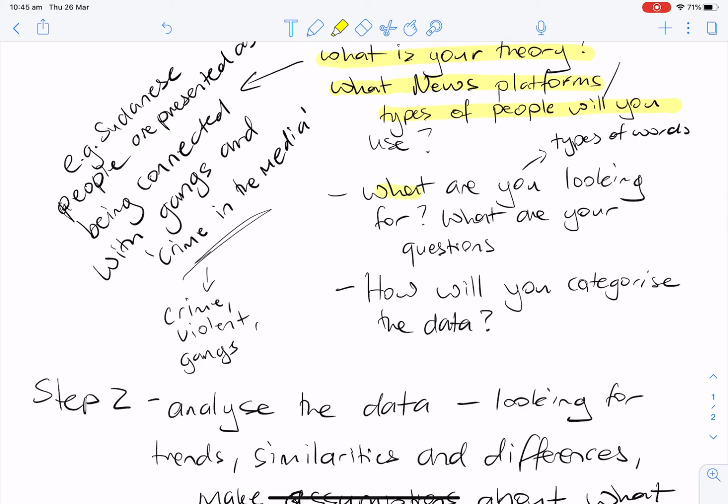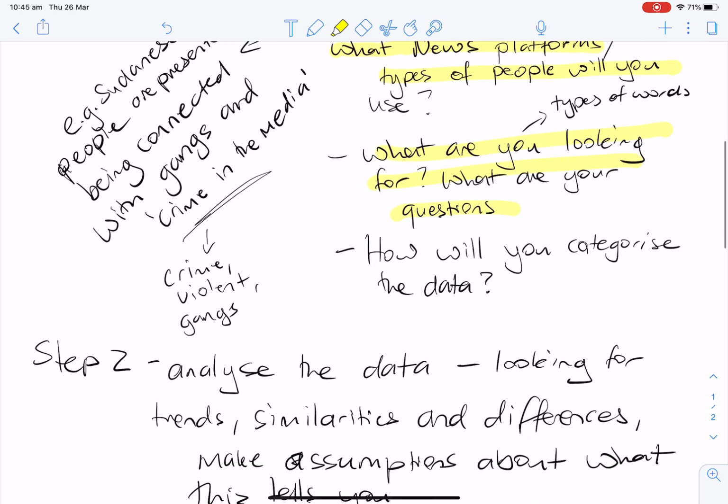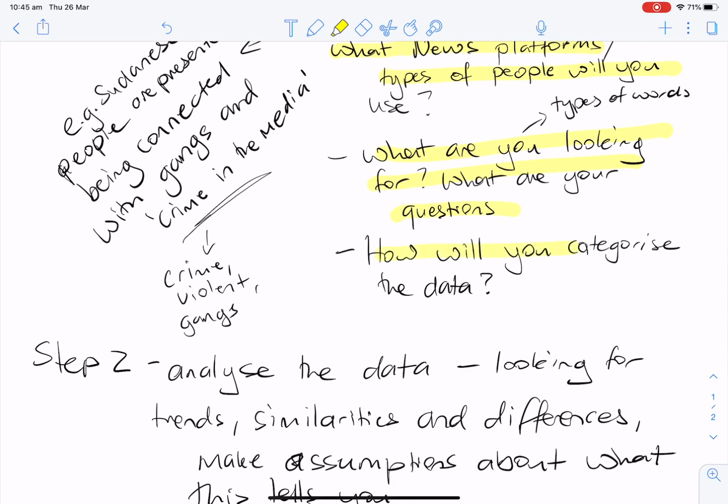And then the next thing to think about is how you're going to categorize that data. If you are doing quantitative content analysis, so you're doing a tally of these types of words, how are you going to organize that? Is it going to be in a table? Are you going to do words associated with the word crime, or are you just going to look for the word crime or gang?